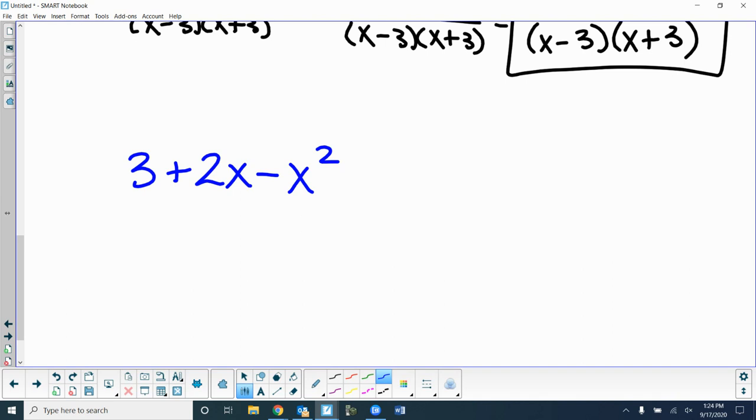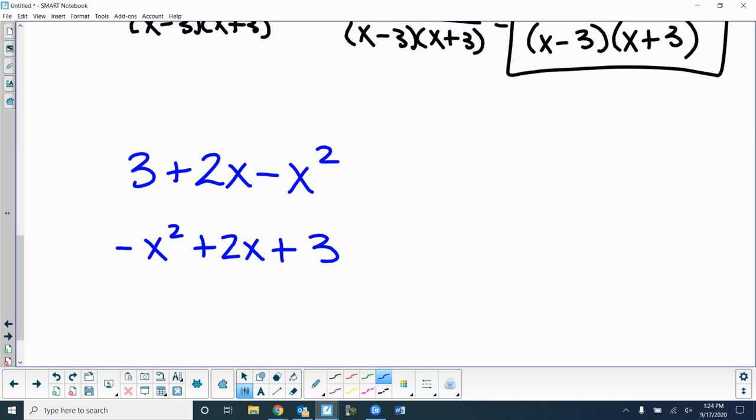Okay, so when I put it in the right order, it looks like this. I just switched the two ends, right? The middle stays in the middle. How do I factor that? Liam? Yeah, take that negative 1 out. We don't like that negative in front of an x squared, right?